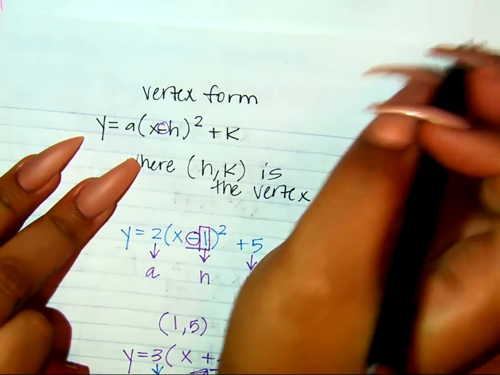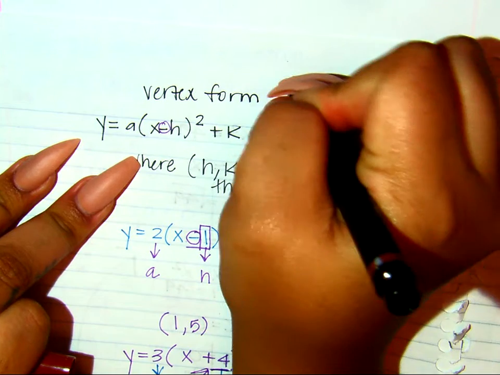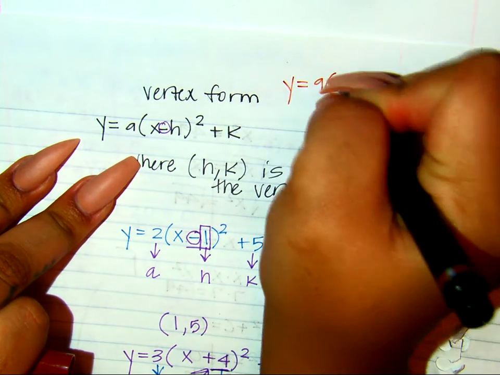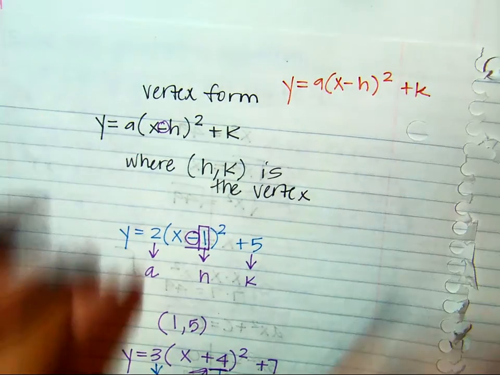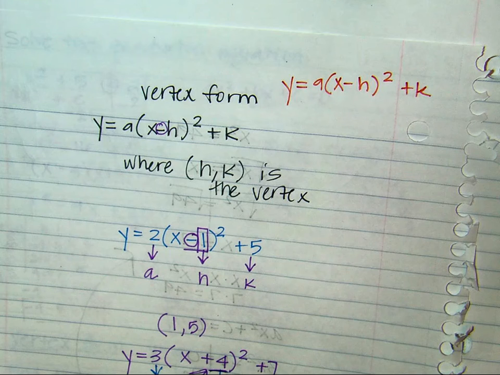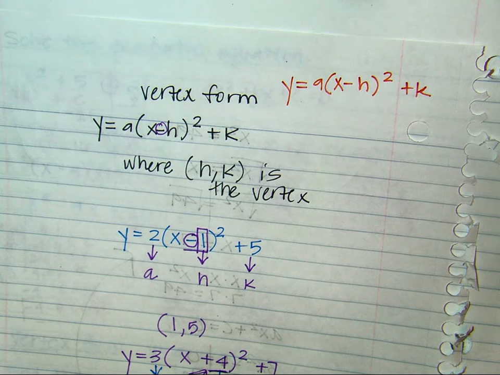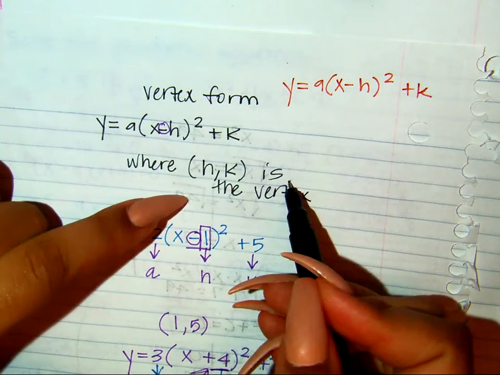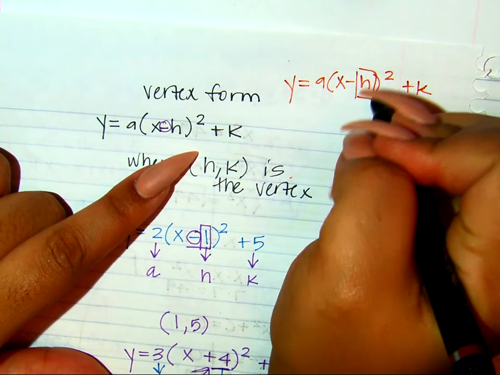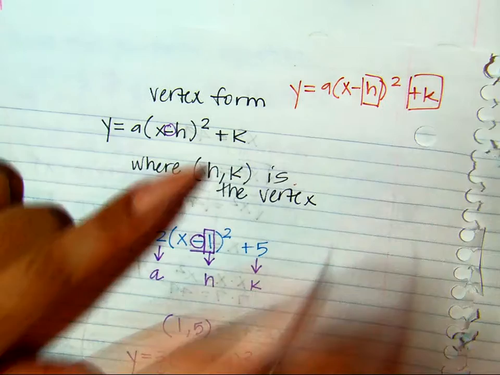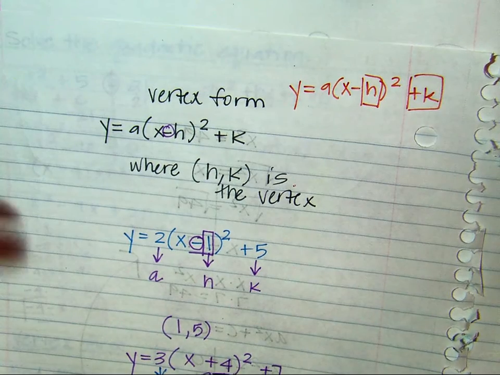So I'm going to write that again because I circled it and I want you to be able to see what I'm saying. So it is y equals a times (x minus h) squared plus k. Where h and k is the vertex. That's where the vertex would go.